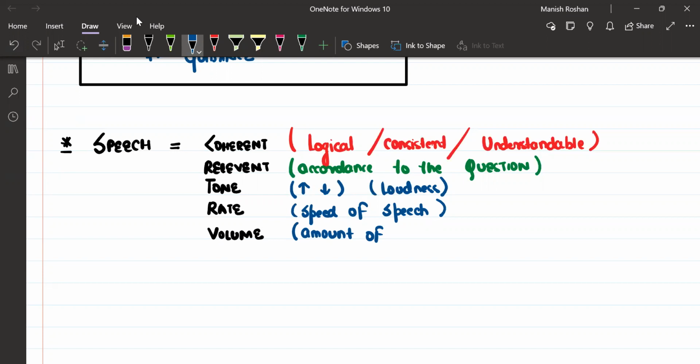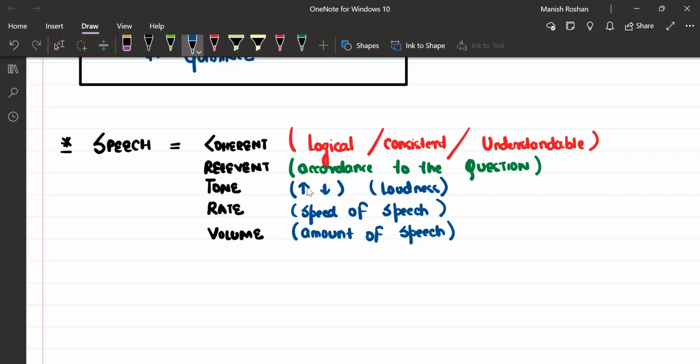In that case, you can say that the volume was increased. Sometimes the patient will be giving a very limited answer, only a line or two, or may answer in a single word also. Then you can say that the volume is reduced. So it actually means the amount of speech. Loudness has been taken care of by tone.